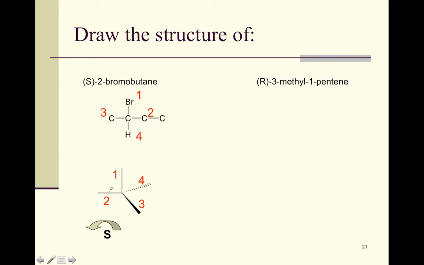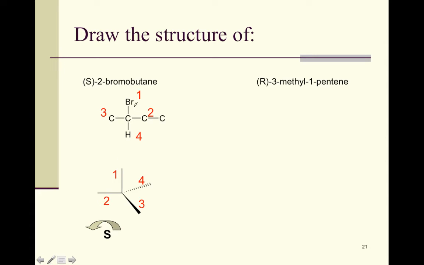This is in the plane of the paper. And then I draw the dashed wedge going back, meaning it's behind me, and this is coming at me. And because it's me filling in the 4 different groups, I can make this group going back number 4 and this top one number 1.